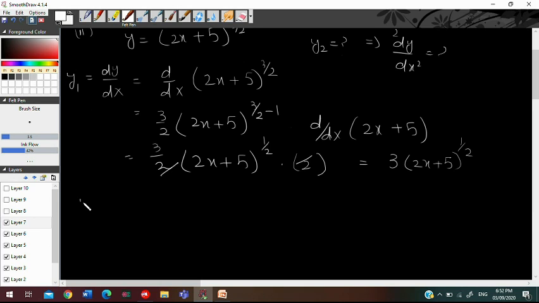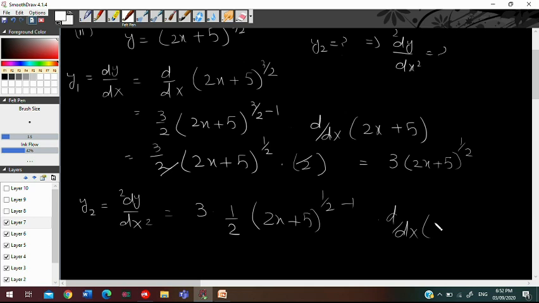Now you are going to find the second derivative. 3 into 1 by 2, this power, and then (2x plus 5) power 1 by 2 minus 1, and d by dx of 2x plus 5.